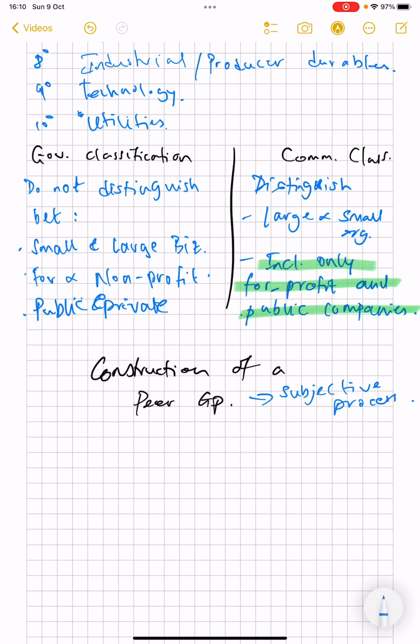When you are constructing a peer group, you are actually grouping companies engaged in similar business activities whose economic valuation are influenced by closely related factors. So this is not a standardized process. It is quite subjective. So the step is that you're going to examine the commercial classification system.